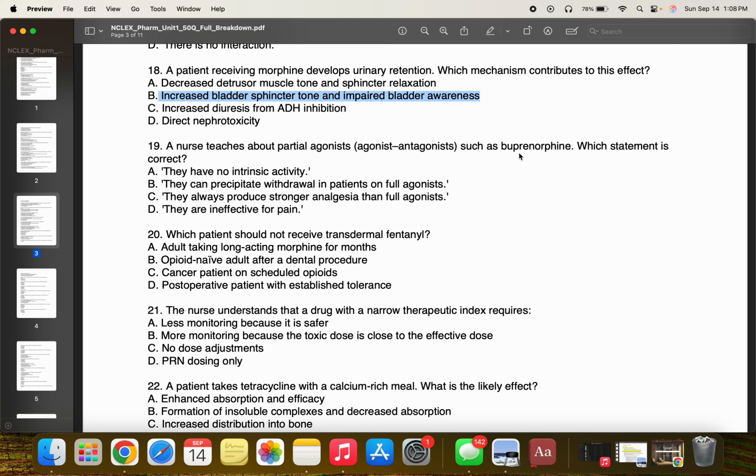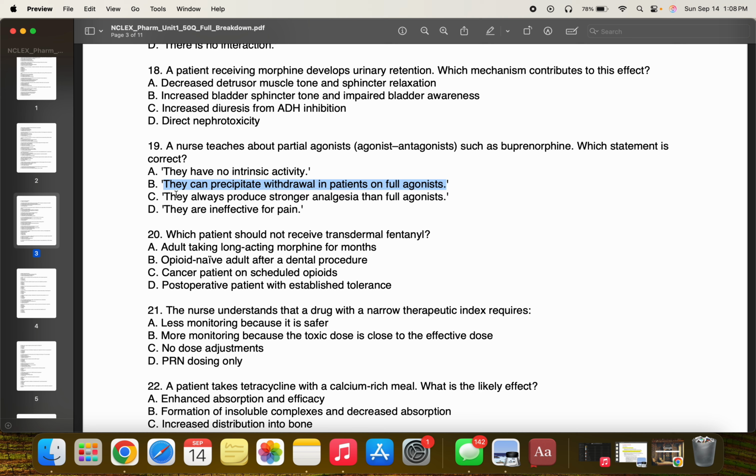I mean, this one's more used for like, I don't know what it's used for. But the other partial agonists are used for like withdrawal symptoms and stuff. The answer to this is it can precipitate withdrawal in patients.